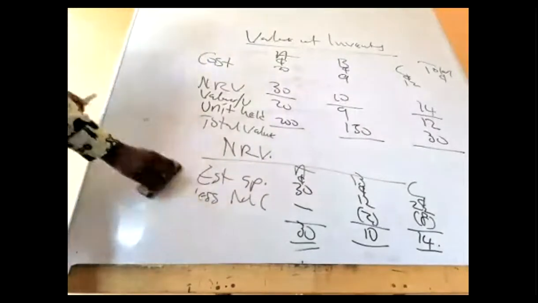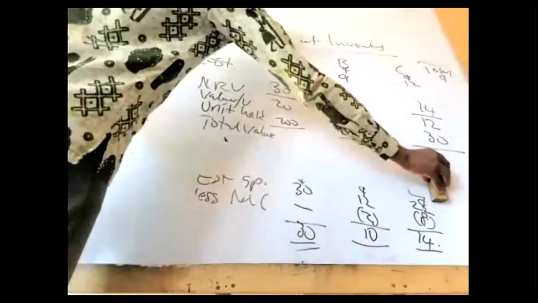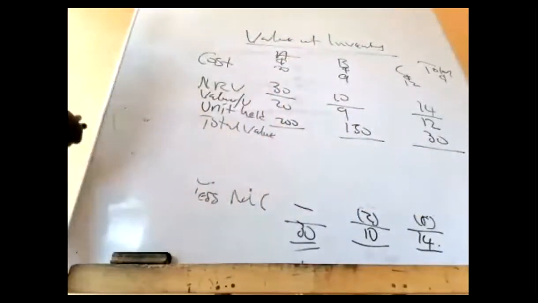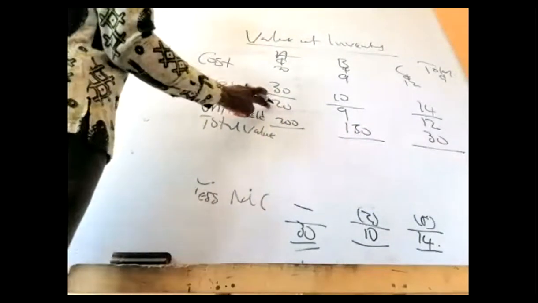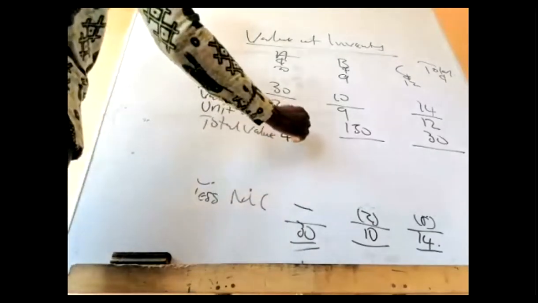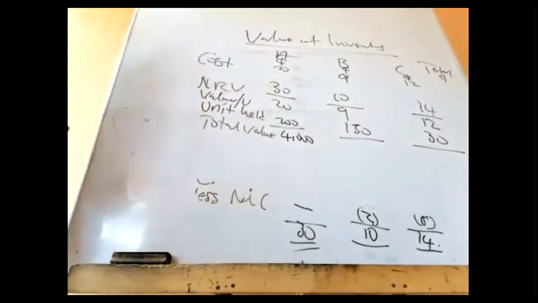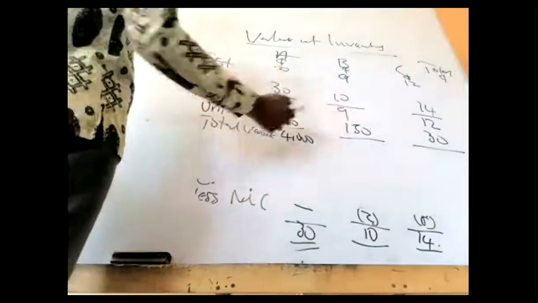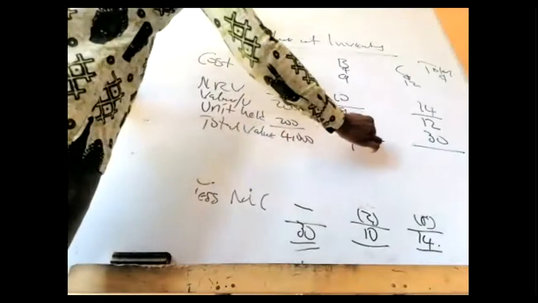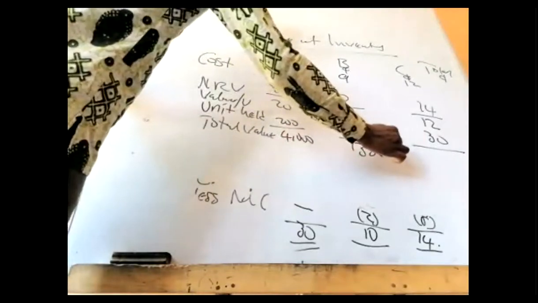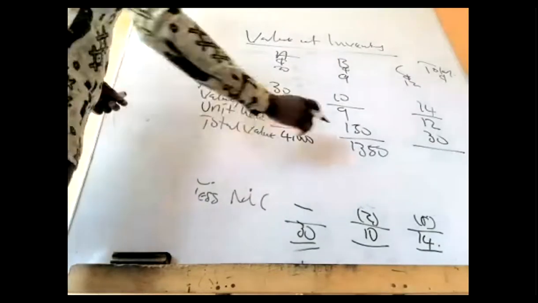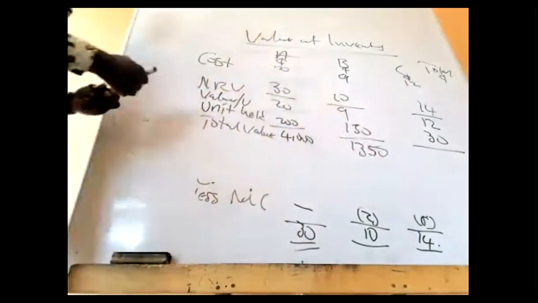Okay, so let me take these workings out small. 20 cedis times 200 should give us 4,000 cedis. Then 9 cedis times 150 units should give us 1,350.